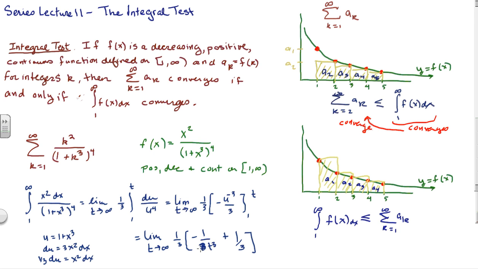And it looks like this 1 over 3t cubed is going to 0, so the whole thing goes to 1/3 times 1/3, which is 1/9, which of course converges. That really is the key thing, it converges. And therefore, by the integral test, this also converges.